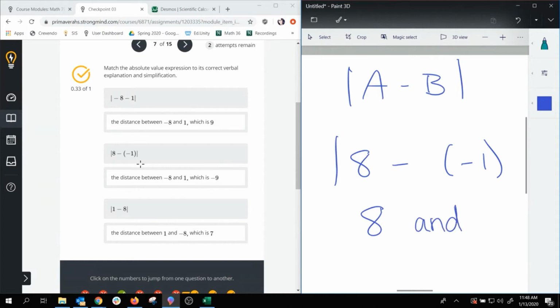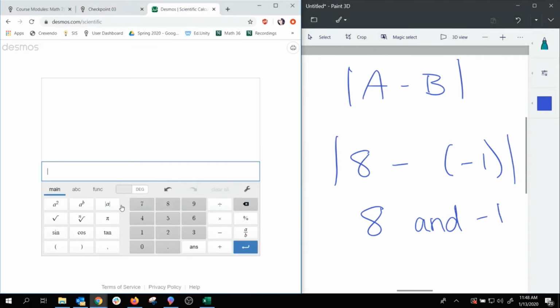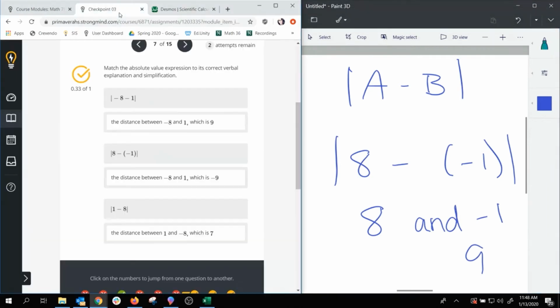Is it a positive one or is it a negative one? A negative one, right? So distance between 8 and negative 1. And if you were to subtract those, you get positive 9, which the distance between them is positive 9.